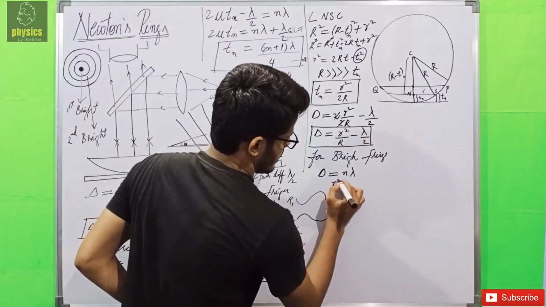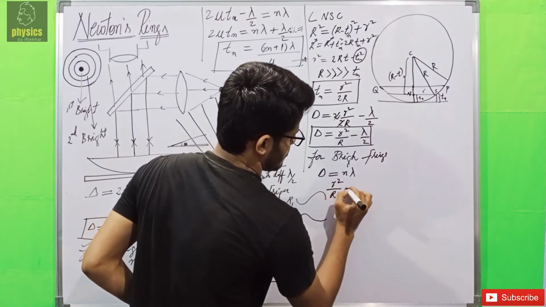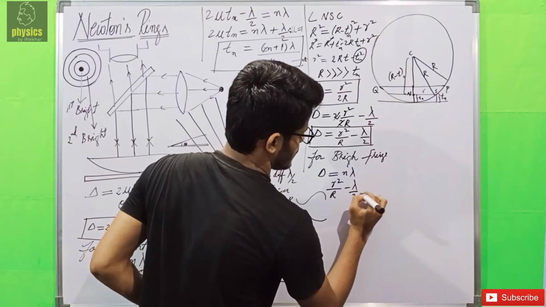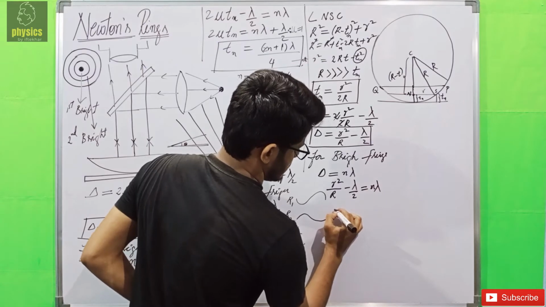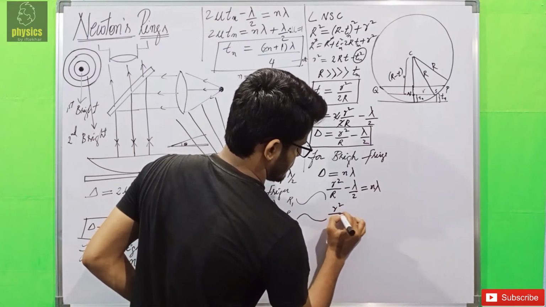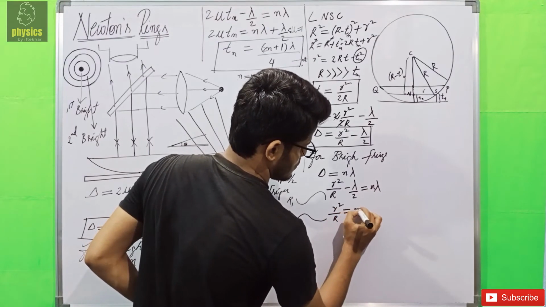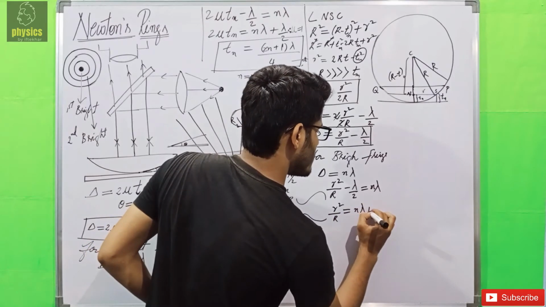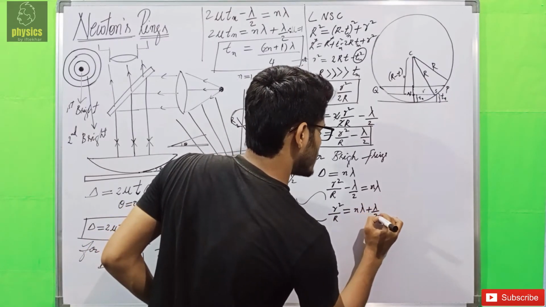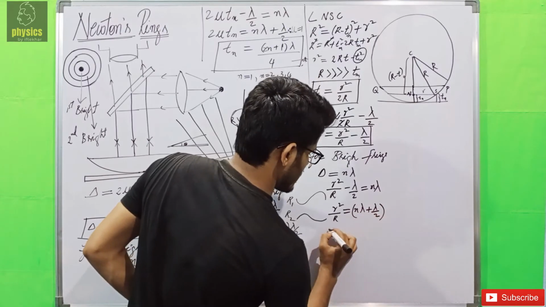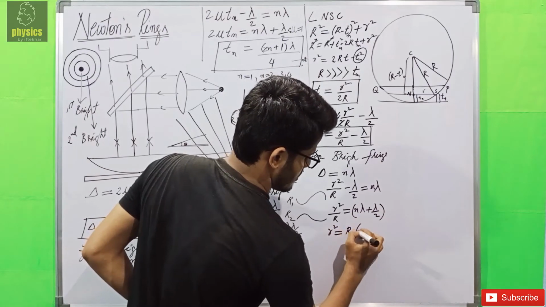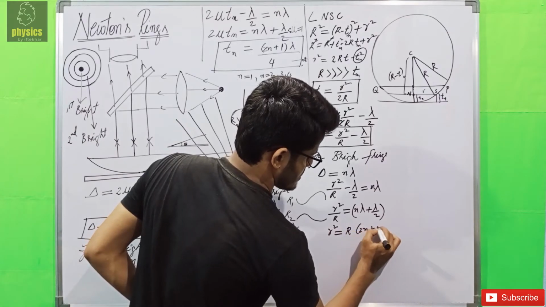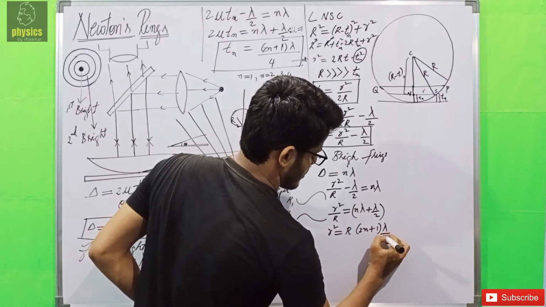So it will be r square by R minus lambda by 2 is equals to n lambda. So r square by R is equals to n lambda plus lambda by 2, which is equals to (2n plus 1) lambda by 2.